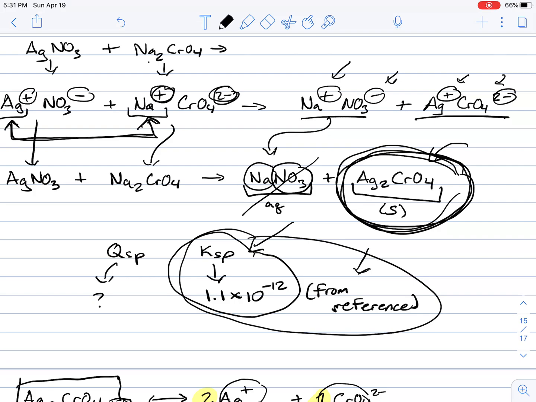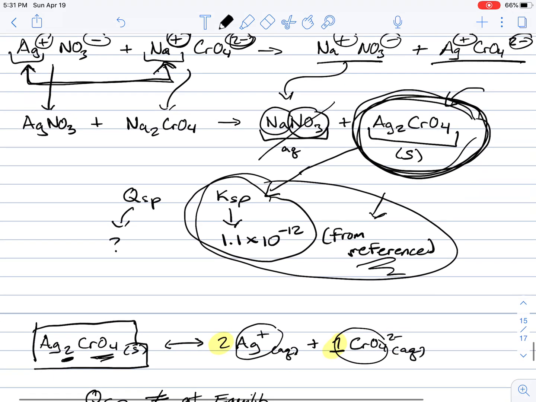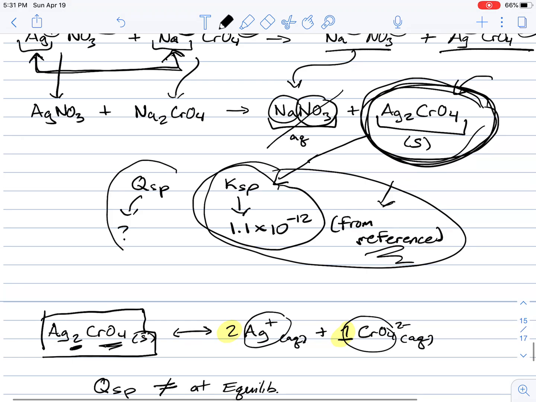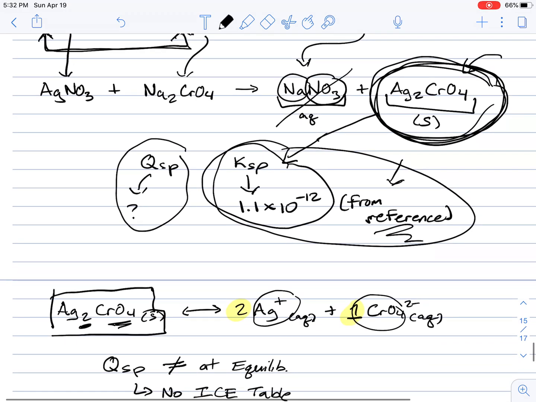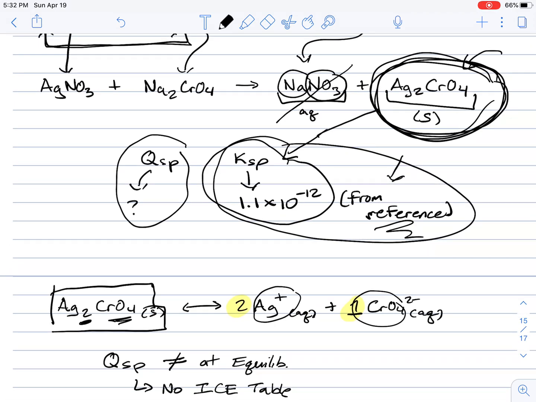And so once you have determined the Ksp for this specific product from the reference chart, then you want to ask yourself, well, is Qsp greater or less than Ksp? And to do this, you need to figure out the mass action expression for Qsp.